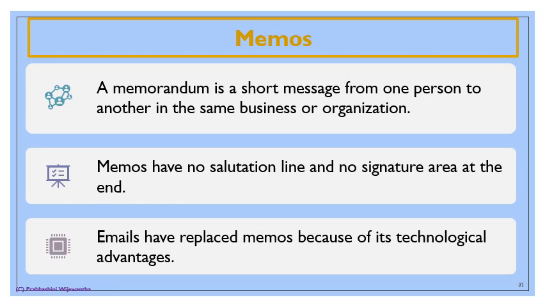And because it is within the organization, we do not have salutations, addresses, all that. Memos have no salutation line. So you do not mention "Dear," because in the "To" section of the memo, we have mentioned to whom this memo should go.